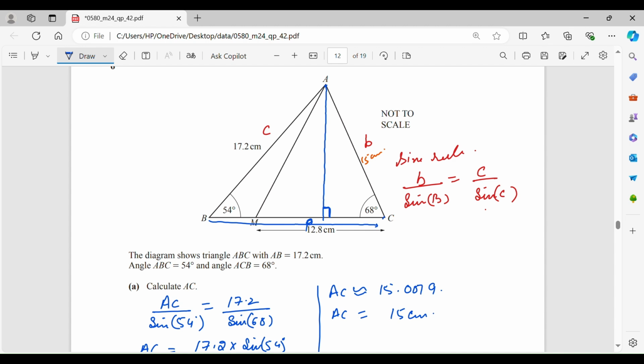We can use a trigonometric ratio for this because it is 90 degrees. We have already been given the hypotenuse, 15. We can use sine.